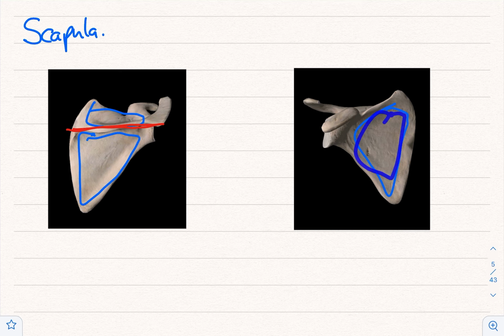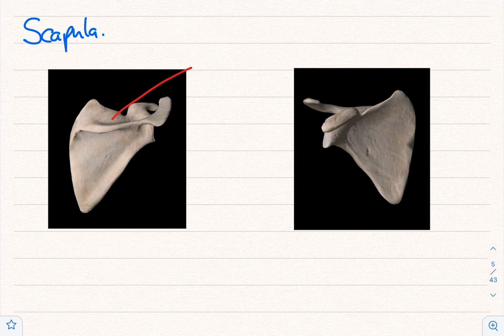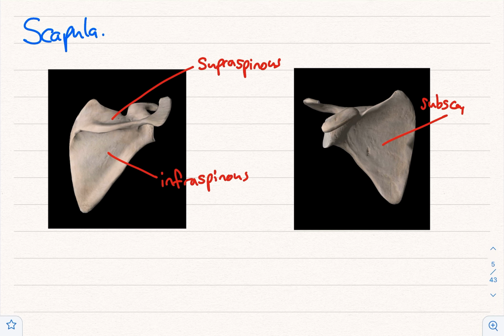And then here, you've got the subscapular fossa. So now this is like looking through the person's rib cage and everything. So if I just label that for you, this one here is called the supraspinous. This one is called the infraspinous. This one is called the subscapular fossa.